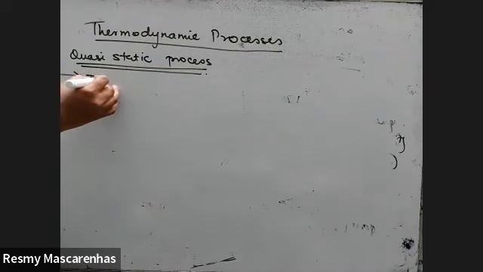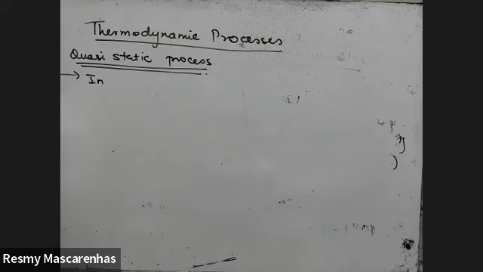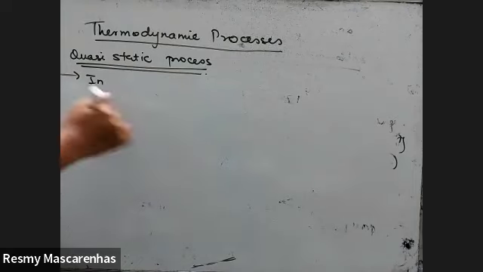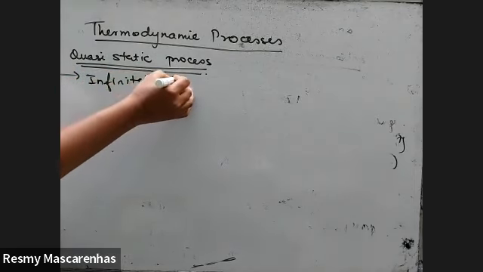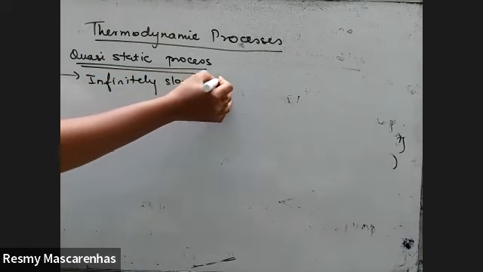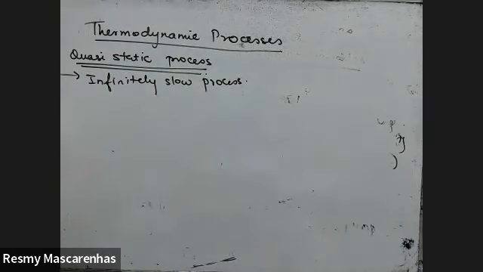This is just a rough example. There are processes where, with time, the temperature and pressure might change. But the process is so slow that for a very long time it is not losing any of its energy to the surroundings. For you, it looks constant. That is called an infinitely slow process. It is so slow that you think it is not changing at all. It's like constant only.